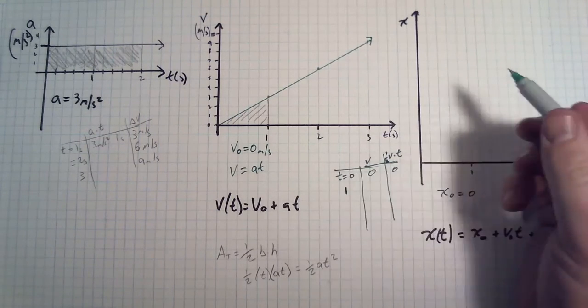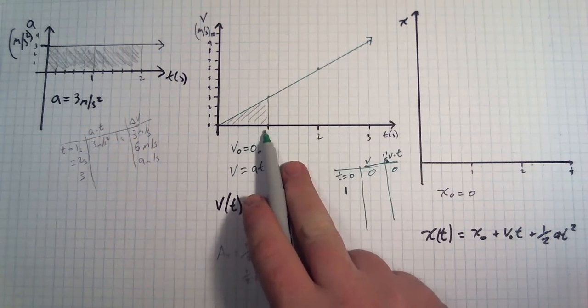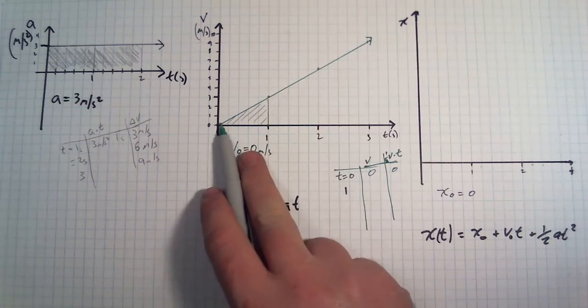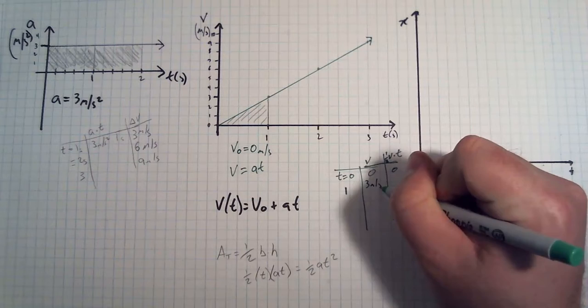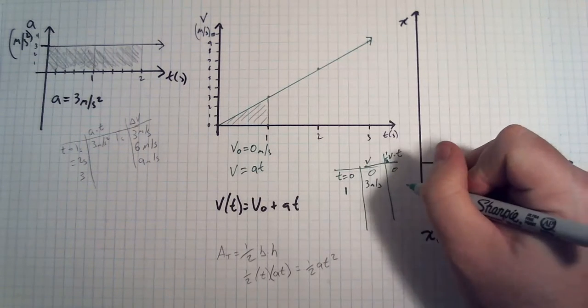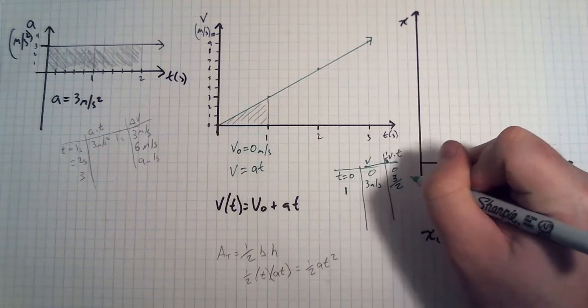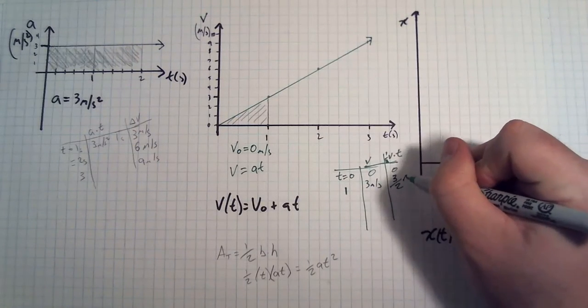When t equals 1, I have 1 second times 3 meters per second, and I take half of that. Velocity is 3 meters per second, so 1 times 3, half of that gives me 3/2, or 1.5 meters.